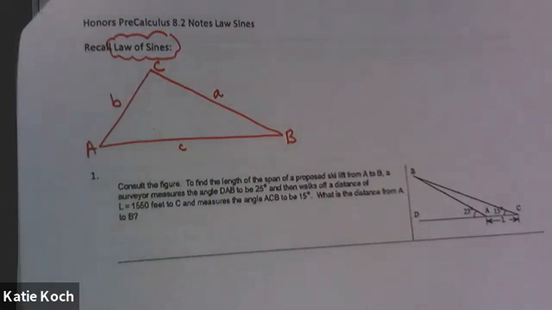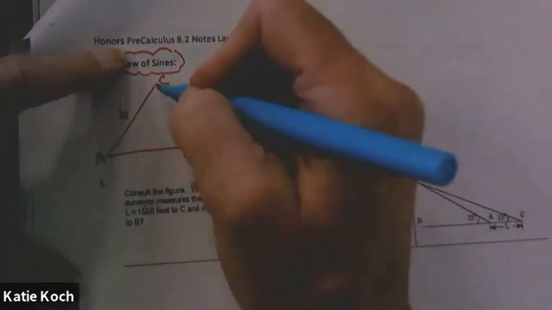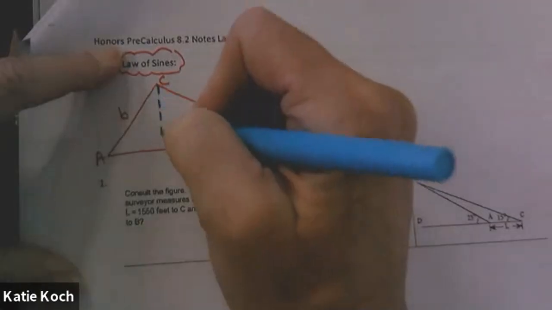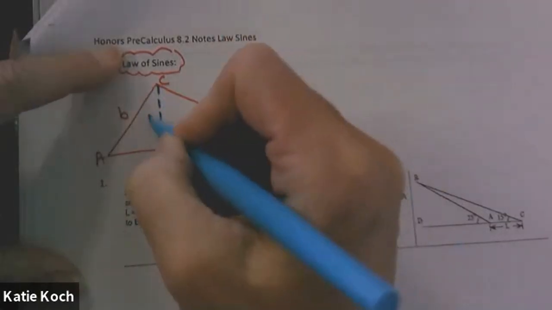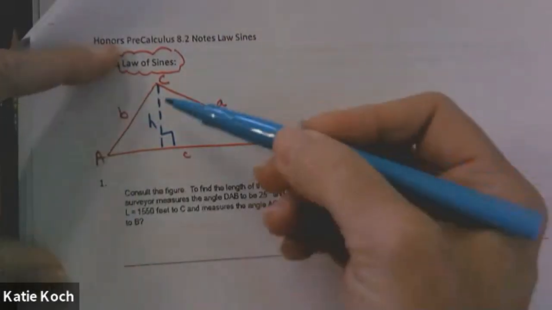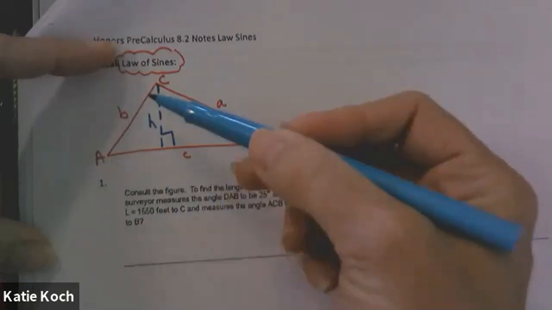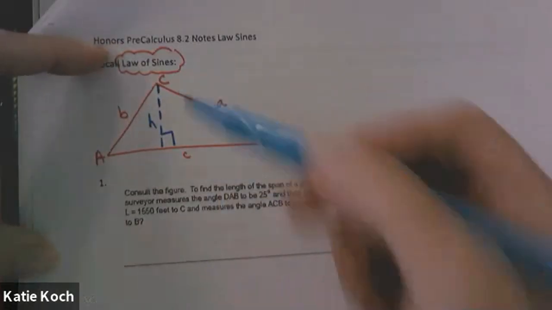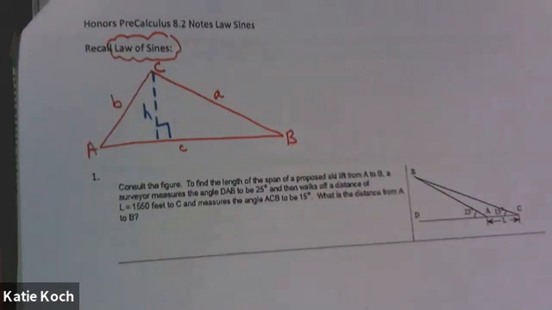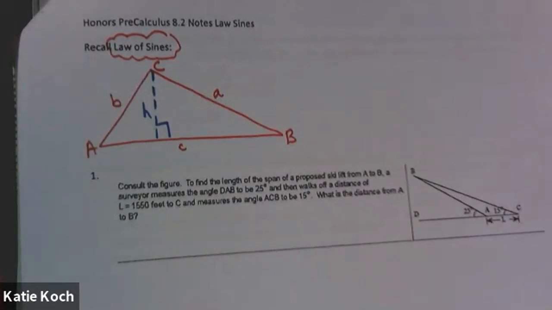So this triangle has a height. And as soon as I draw this height in here, I'll call it H. Now I have a little right triangle on the left side and a little right triangle on the right side. So I could use some SOHCAHTOA in order to figure some things out about that height.